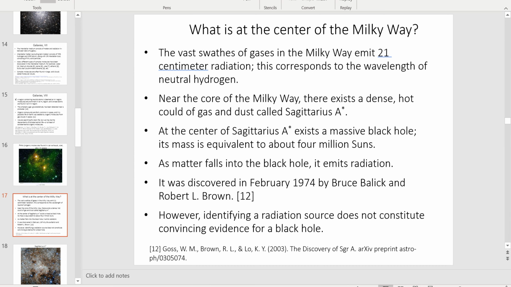I mentioned to you that the mass of this black hole is equivalent to a few million times the mass of the sun. In particular, it has about 4 million times the mass of the sun. The first evidence of this black hole was found in 1974, but since then we've accrued tons of evidence for this black hole.